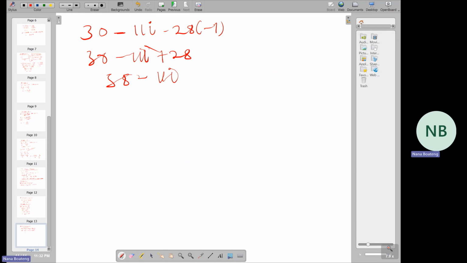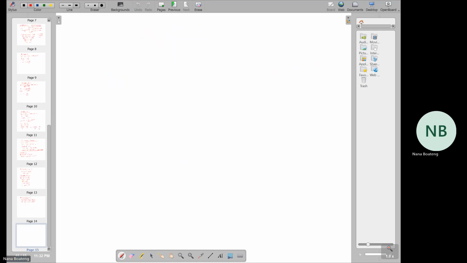Let's look at something that we call the conjugate of a complex number.